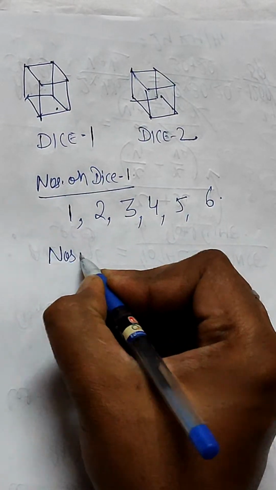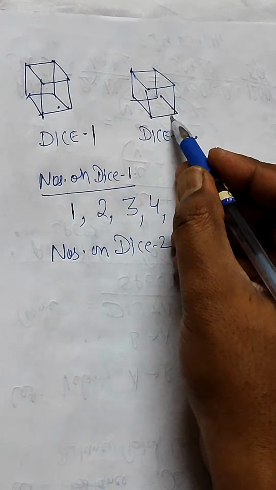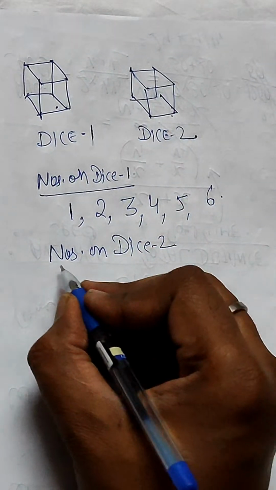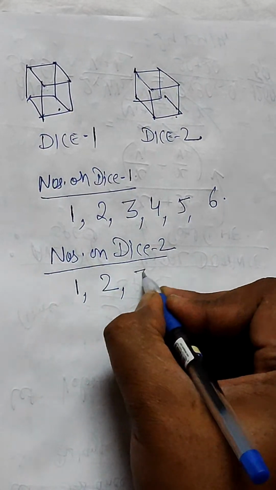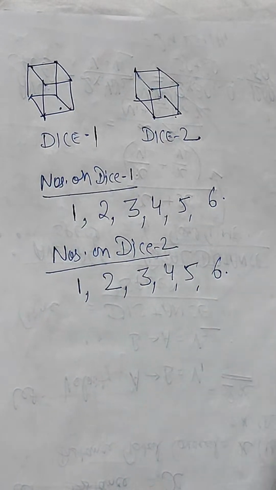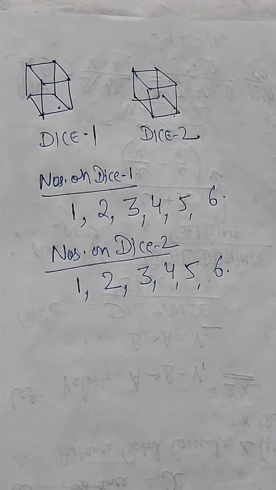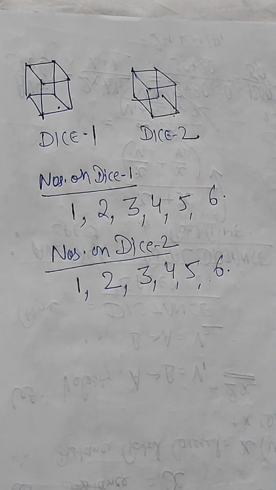And the numbers on dice 2 will also be the same, that is 1, 2, 3, 4, 5 and 6, right? Now what is the probability that when these dice are rolled together, we get an even number on both dice?